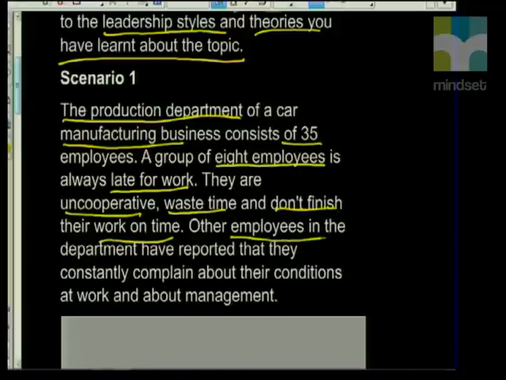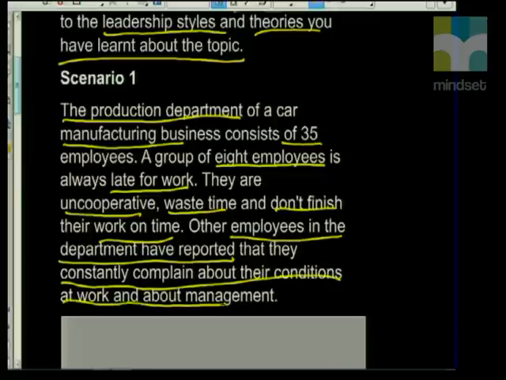Other employees in the department have reported that they constantly complain about their conditions at work and about management. So the first scenario is basically about a small company, and 8 out of the 35 are unhappy, unproductive and uncooperative, and by speaking to other workers, they're trying to rally them up to also be argumentative for argument's sake.